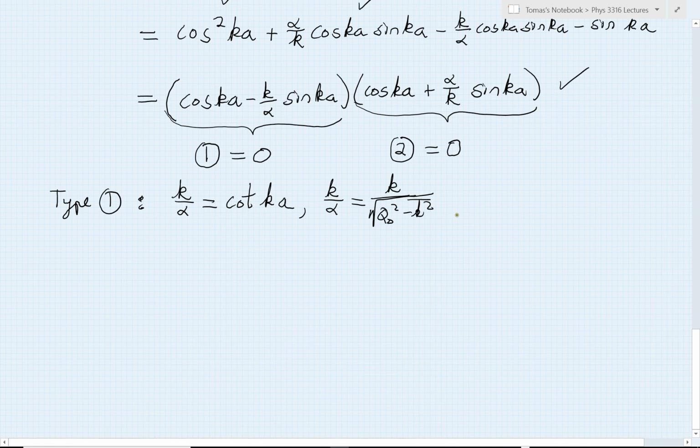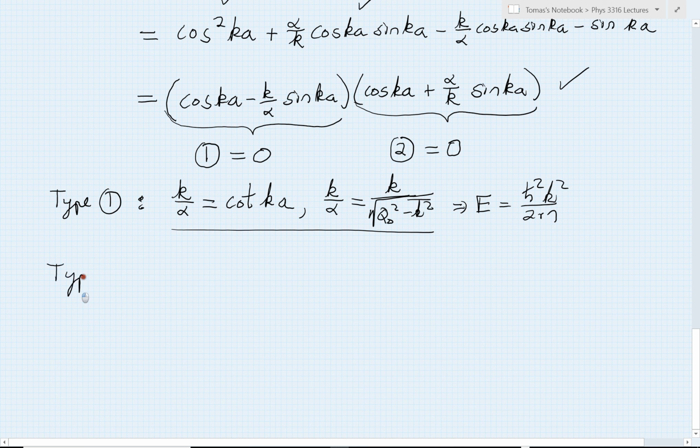So once I solve this simultaneous equation, the energy comes out as h bar squared times whatever I find for k squared, divided by twice the mass. So that's the type 1 equation we would have to solve.